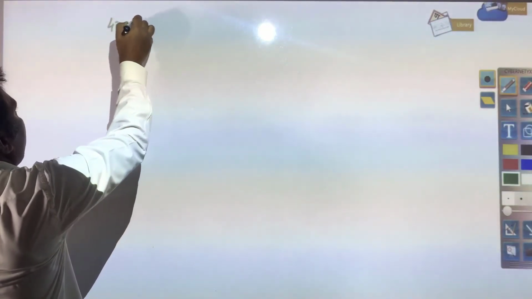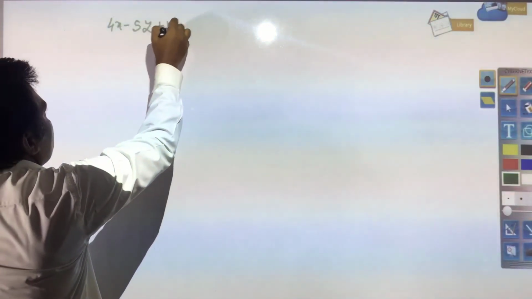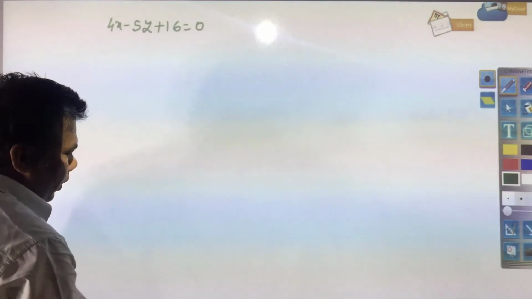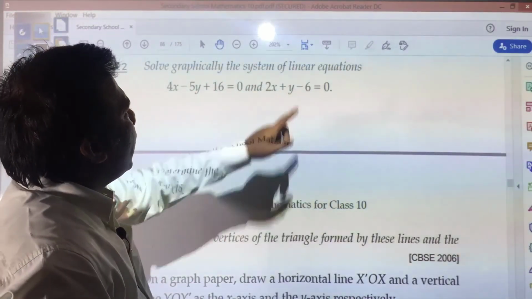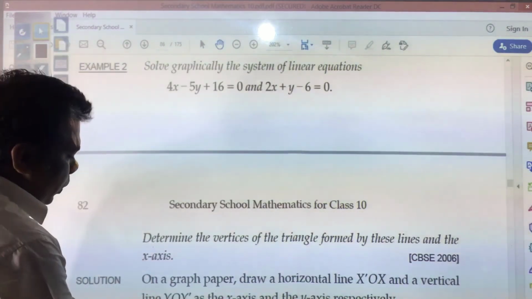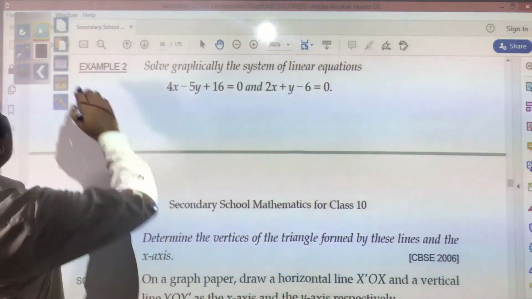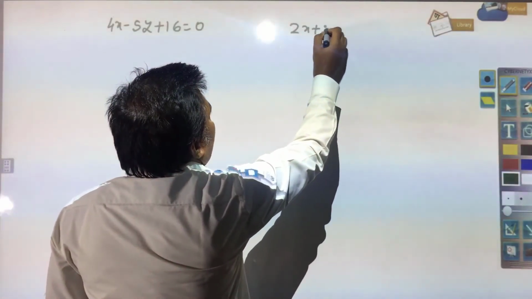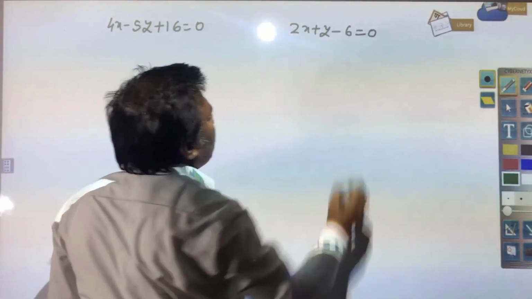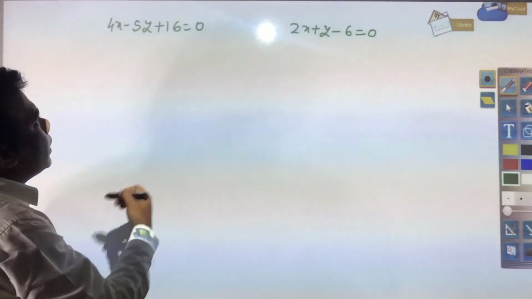4x minus 5y plus 16 is equal to 0 is your first equation, and the second equation is 2x plus y minus 6 is equal to 0. Now, we will solve in the same way.